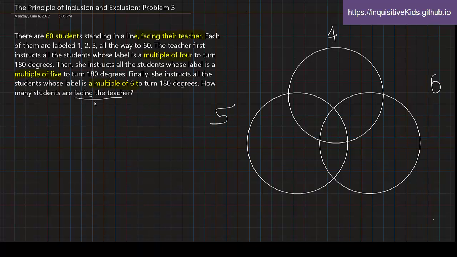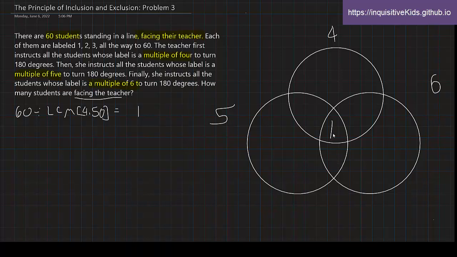Alright, so let's first find how many people are in the middle right here. That's a multiple of 4, 5, and 6. Well, what's the LCM of 4, 5, and 6? That would be 60 itself. So there's only one number in the middle, 60 itself.